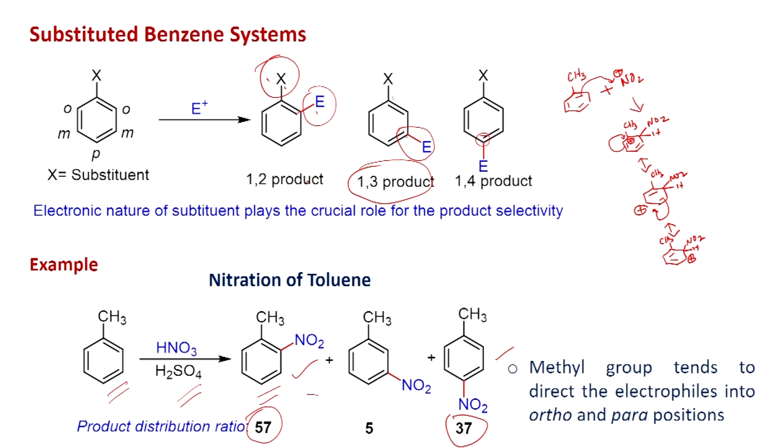If the ortho position undergoes substitution with this NO2 plus, you will be able to form these 3 resonance structures.